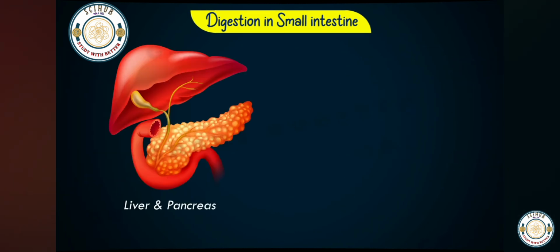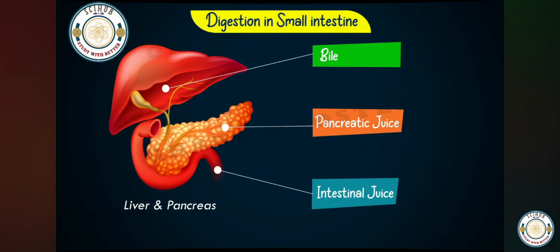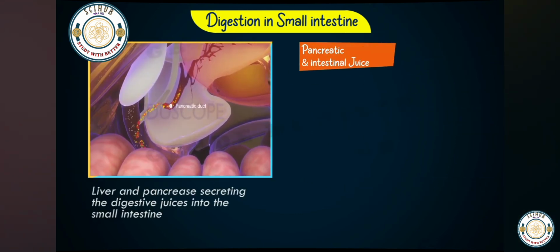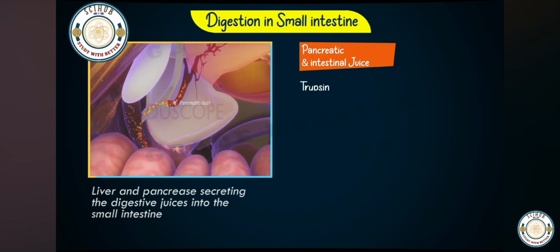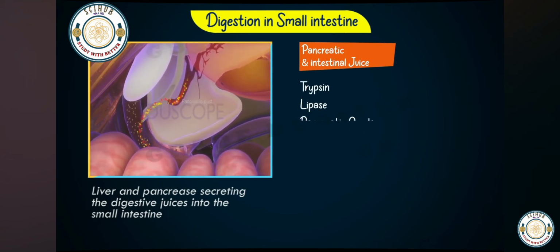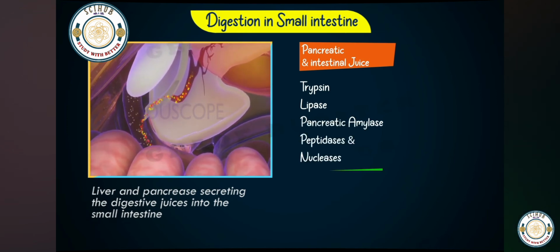The small intestine receives bile juice from the liver, pancreatic juice from the pancreas, and intestinal juice from the walls of the small intestine. Pancreatic and intestinal juices contain enzymes like trypsin, lipase, pancreatic amylase, peptidases, and nucleases.